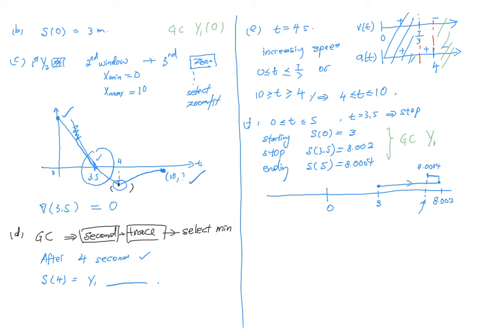Okay, so now you find the total distance from here to here is 8.002 minus 3 plus from here to here, because this is shorter, so take 8.002 minus 8.0004.